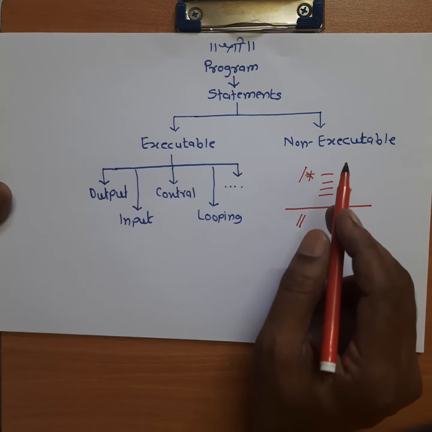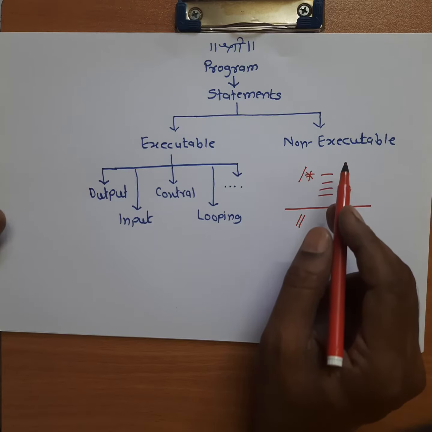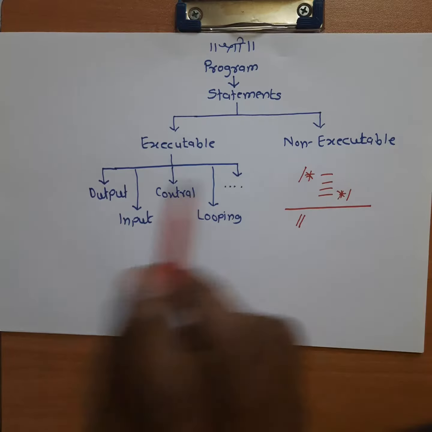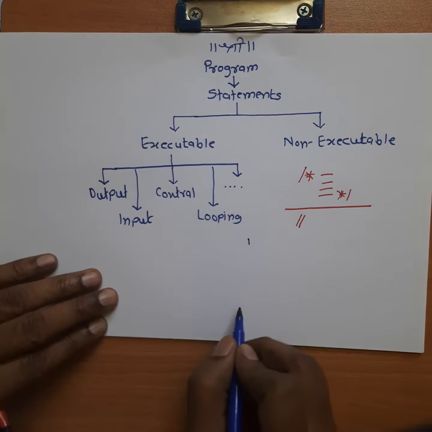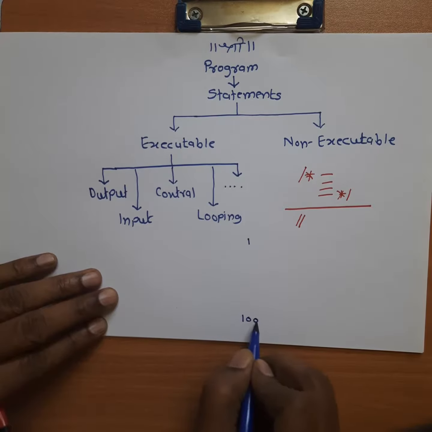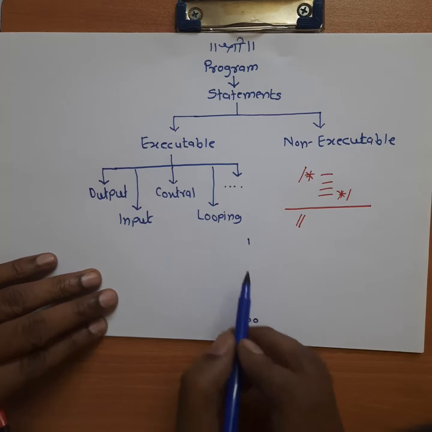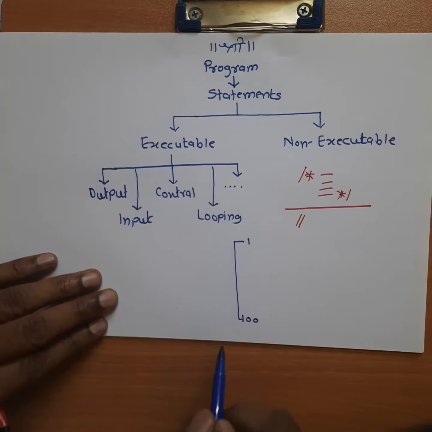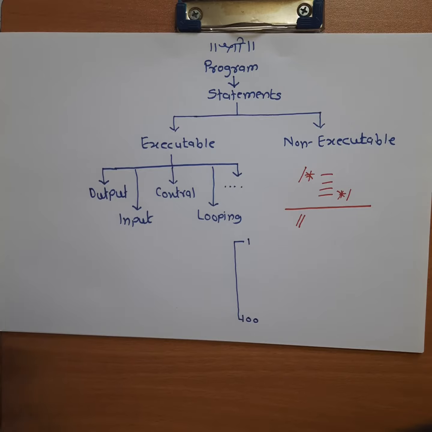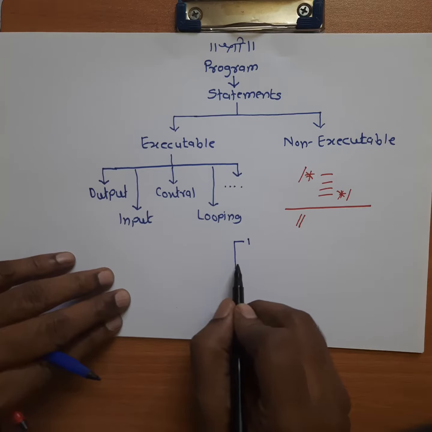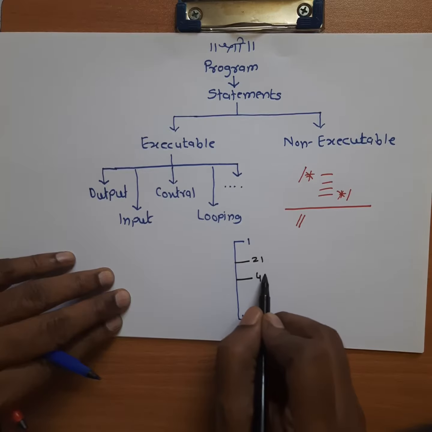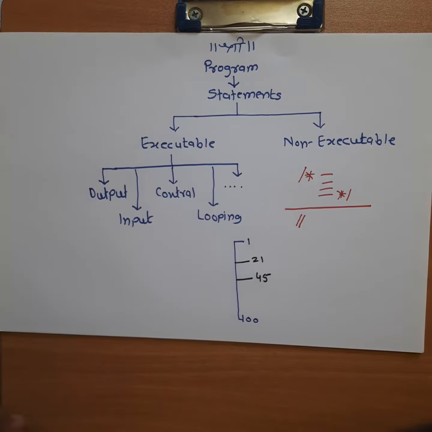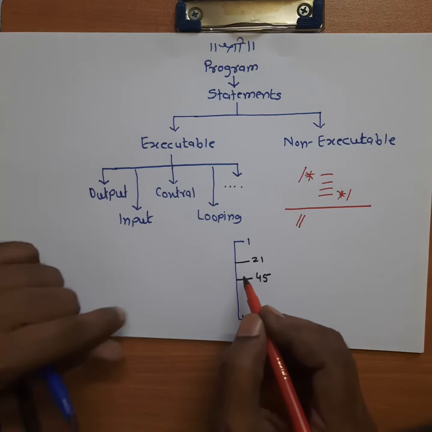Now this concept comes in the picture like this. Suppose we have a program of 100 lines, and some part of the program, suppose line number 21 to line number 45, for the time being we don't want to execute, or we don't need this part of the program.